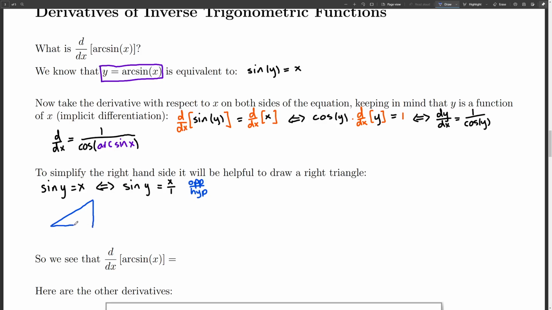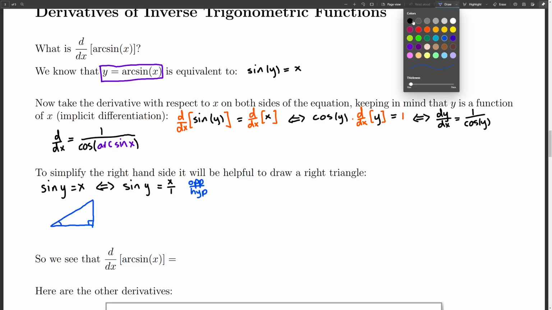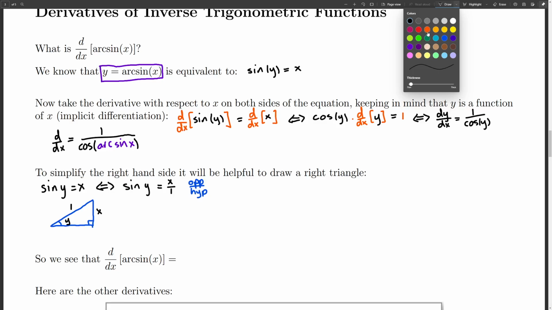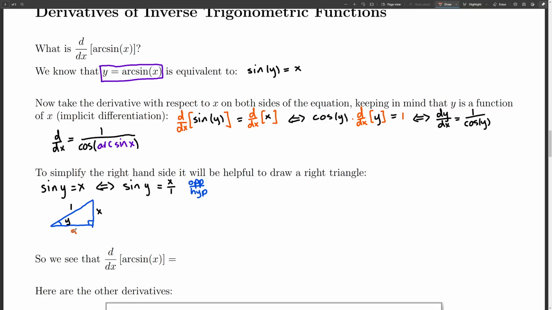It's a right triangle, and y plays the role of the angle, so I can put y over here. The opposite side is x, and the hypotenuse is 1. Now there's one more thing that I still need to figure out, and that is my adjacent side, which I'll call a.